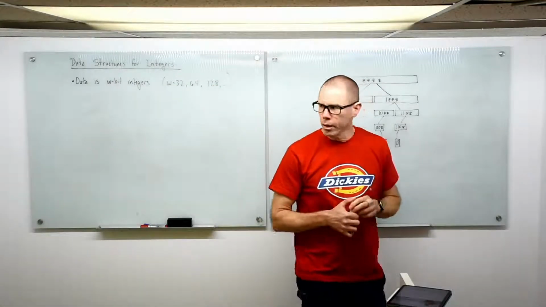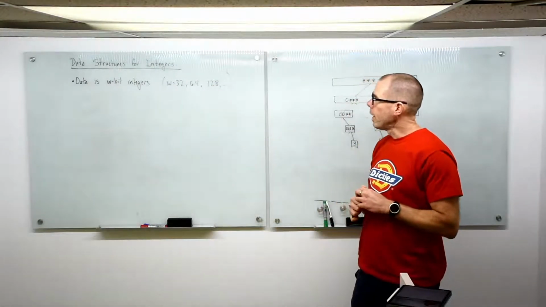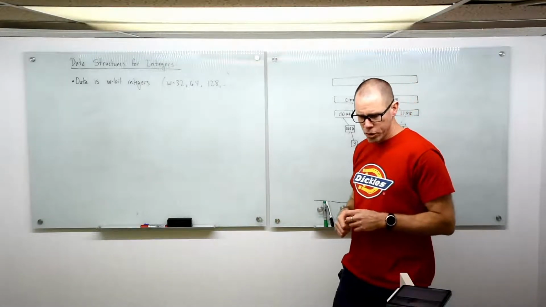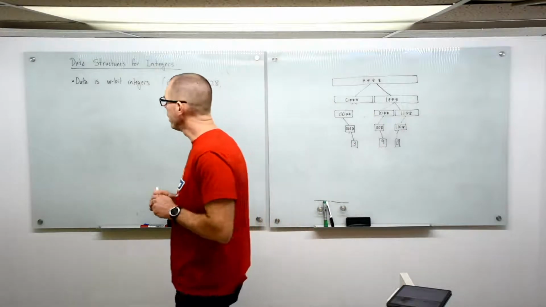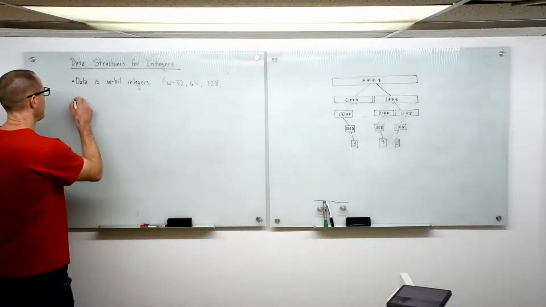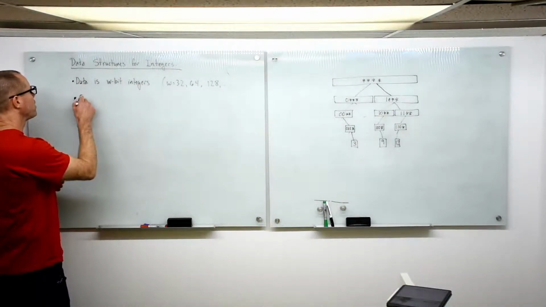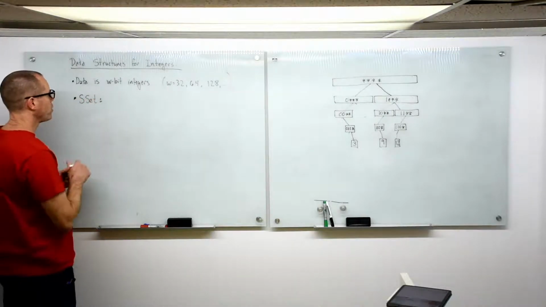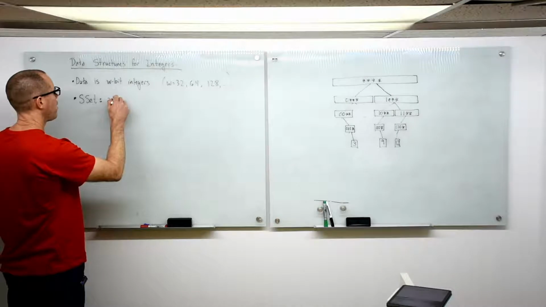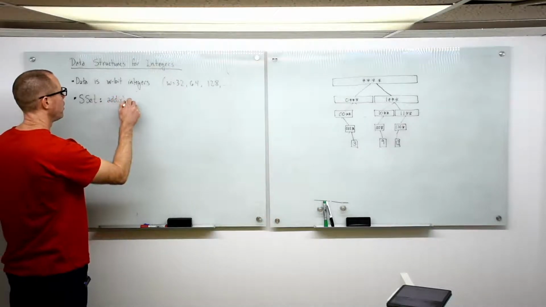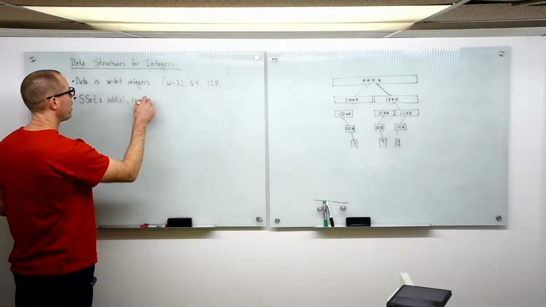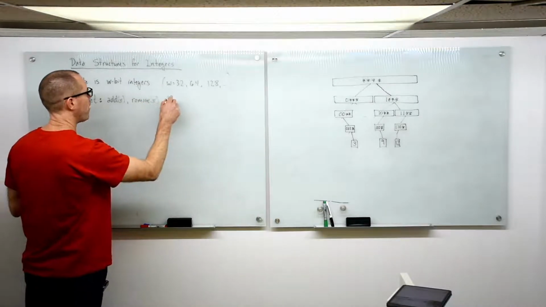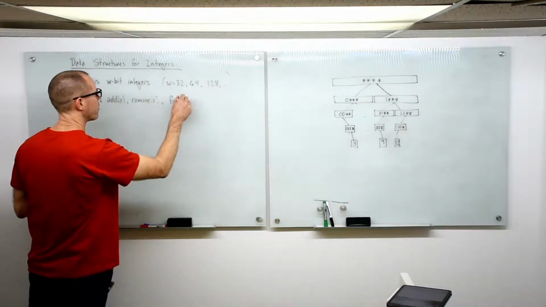And in particular, I want to support a data structure that stores integer keys, let's say, and it supports the sorted set interface, or at least the simplified version of it that the book calls S-set, which is you want to be able to add things, remove things, and find things.